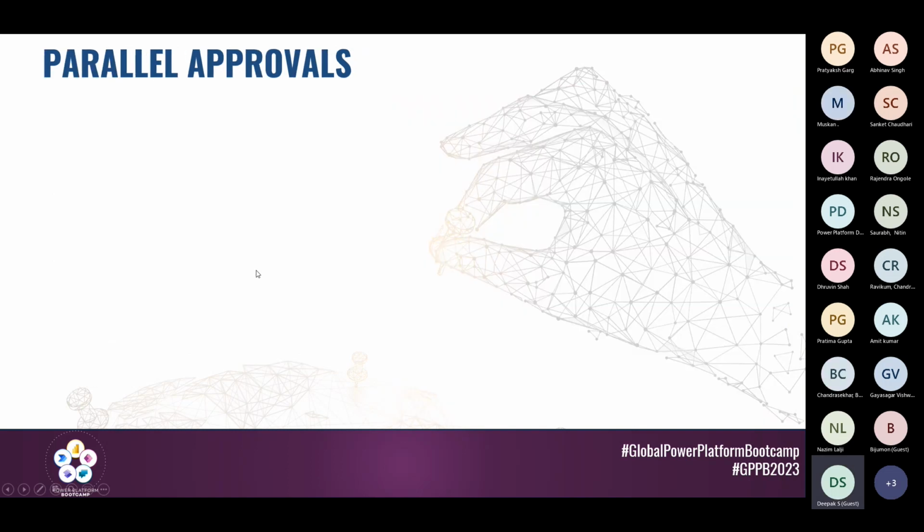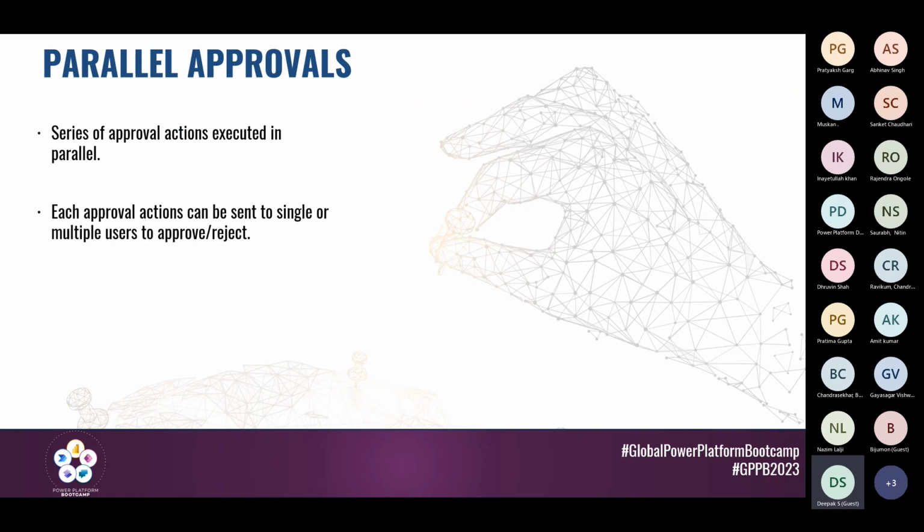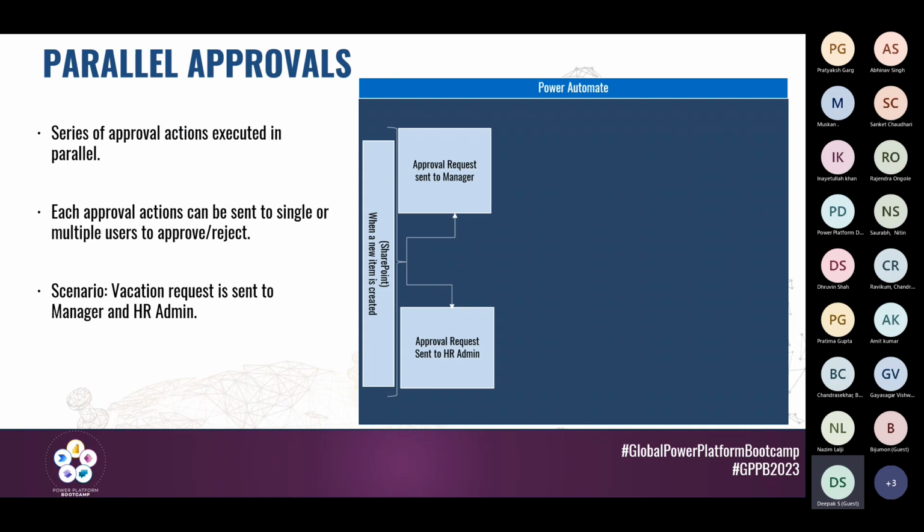So then we have the parallel approvals. Parallel approvals are very similar to the first one, but instead of going one after another, they run in parallel. Sometimes you have a scenario where you want to send the approval request, the same request going to two different people, and the outcome of both approvals doesn't impact each other. So these are the scenarios where you can create two parallel branches.